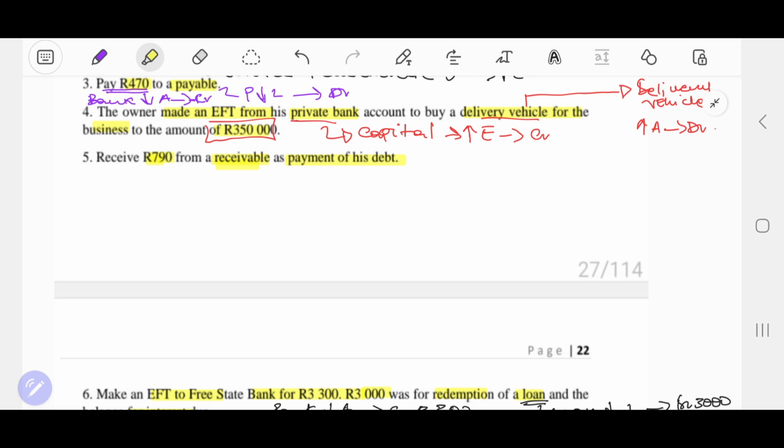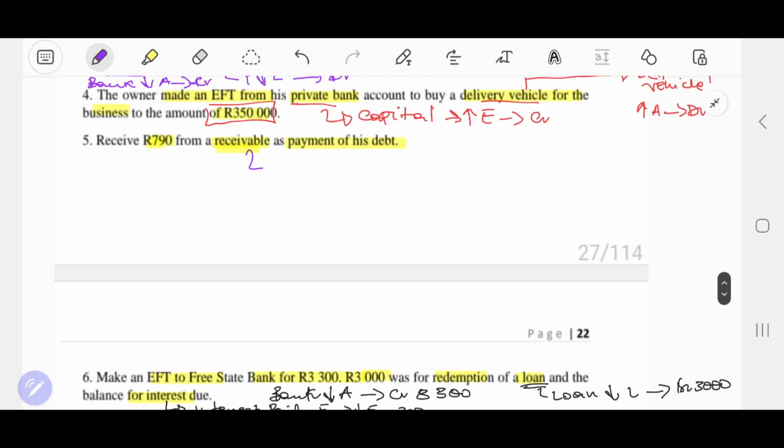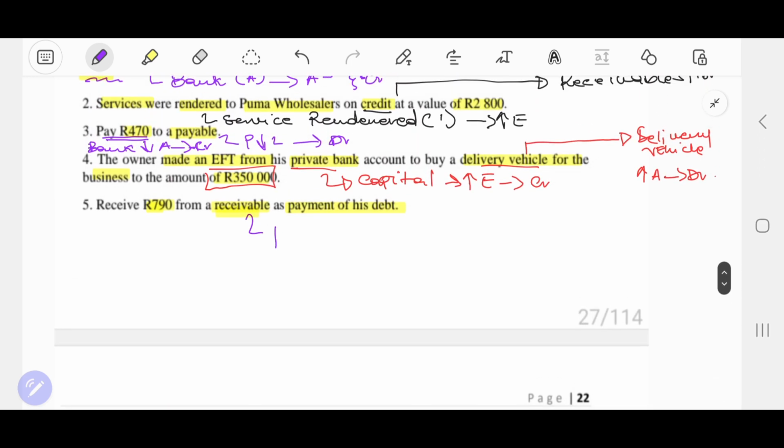So this will result in a decrease in assets, which means that they are going to be credited. And then this person was paying a debt, so it means that we received 790, so our bank is going to increase, which is an asset as well, so it's going to be debited.